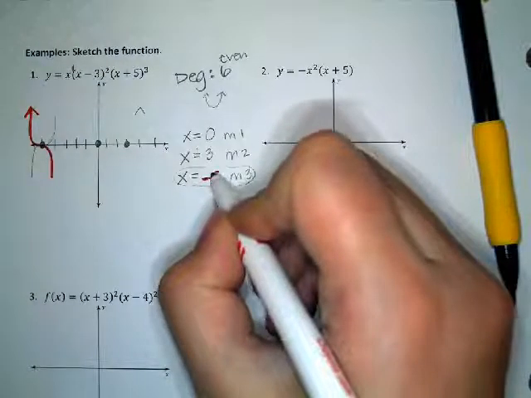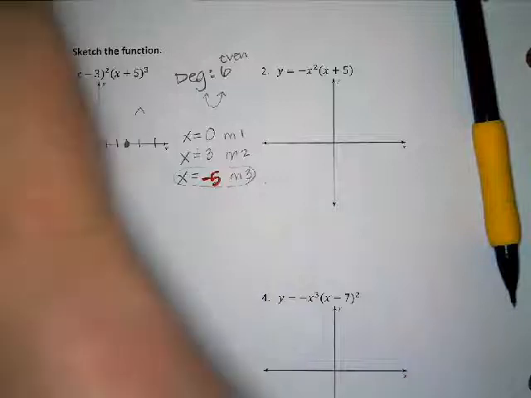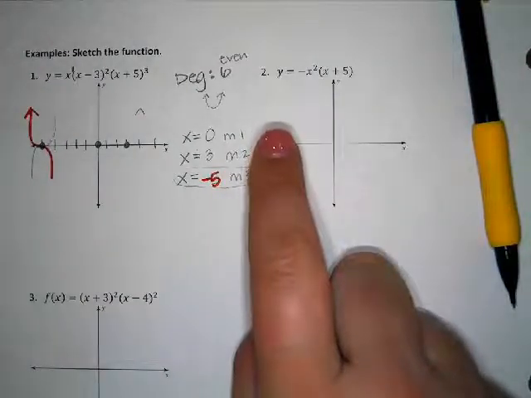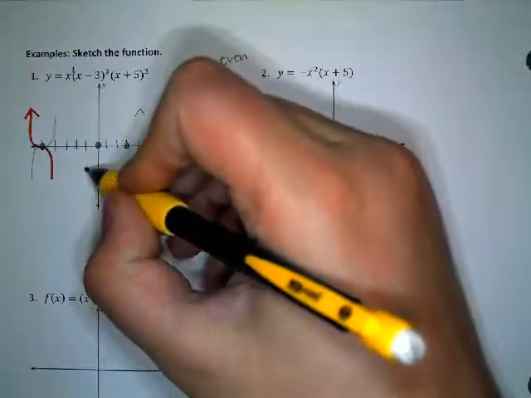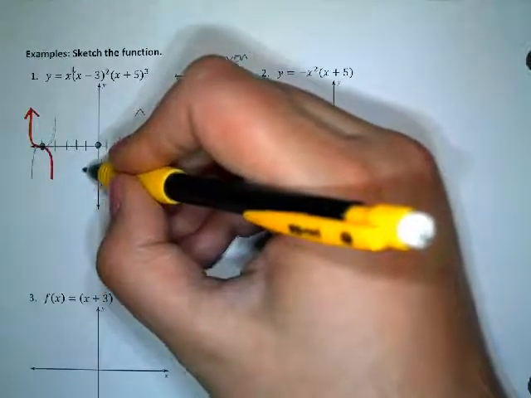Then for 0, I have a multiplicity of 1. And these ones are usually pretty easy because you're just going to go straight through. But you can always do kind of a slant with it. I always say you can do a positive slant with your straight lines, or you can do a negative slant.